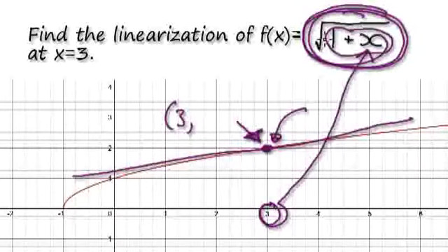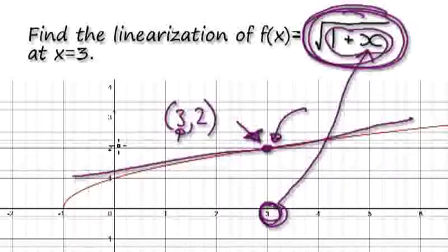So that will be the square root of 4, which is 2. So the coordinates at this point will be 3, comma 2. Once you've got your gradient, then you can work out the equation of this tangent line.